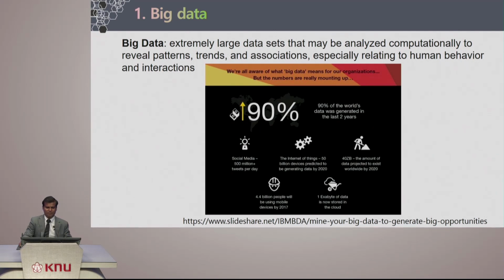We are aware that big data means a lot for all organizations today, because the world is generating a huge amount of data and people are trying to make good use of it, whether it is agriculture data, environment data, or data of patients in the hospital.